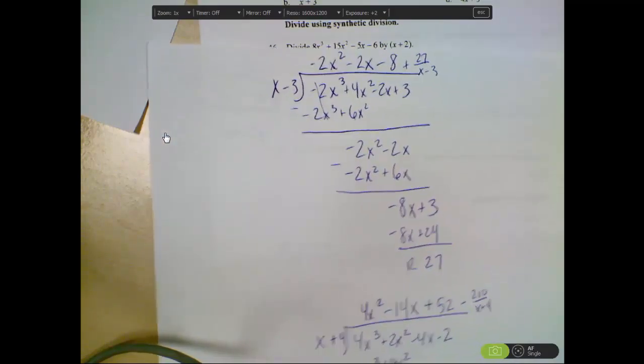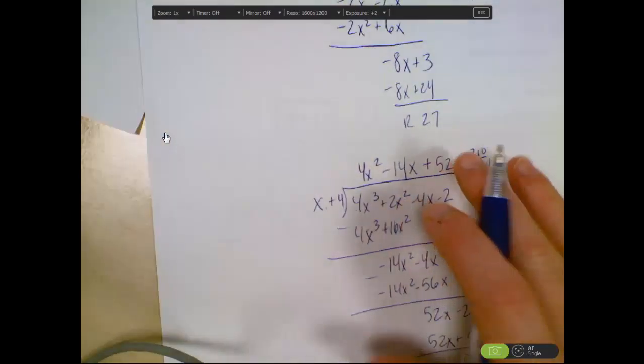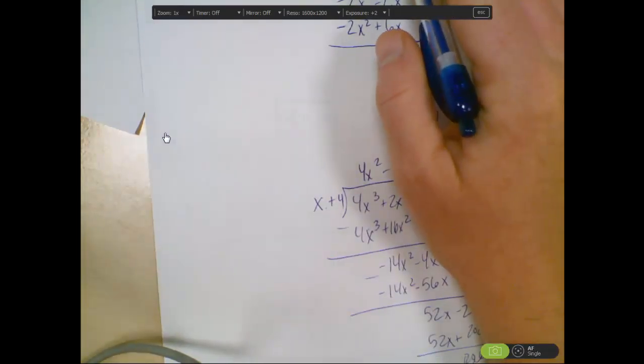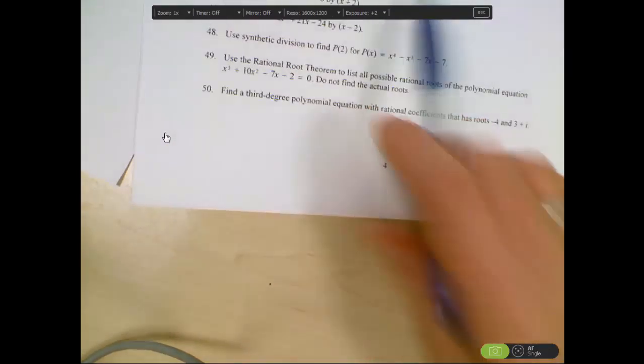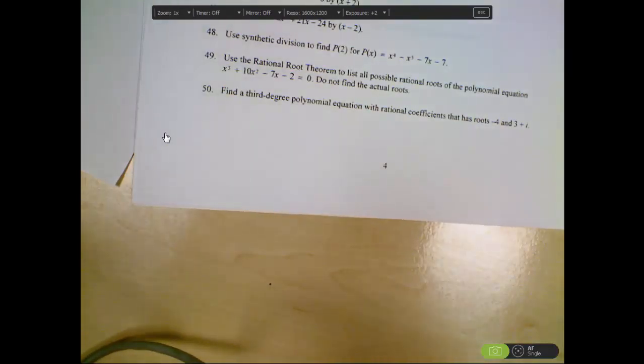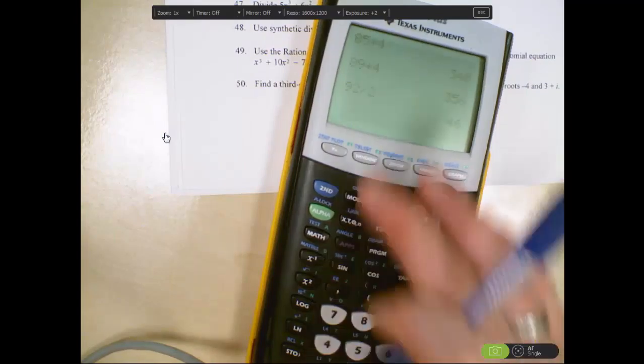Okay. Determine which binomial is not a factor. So I should actually do synthetic division here because it's good practice for synthetic division, and that's the easiest way to determine what the factors are. So, real quick, I'm just going to go on the calculator.